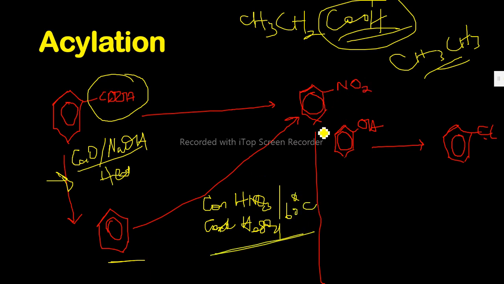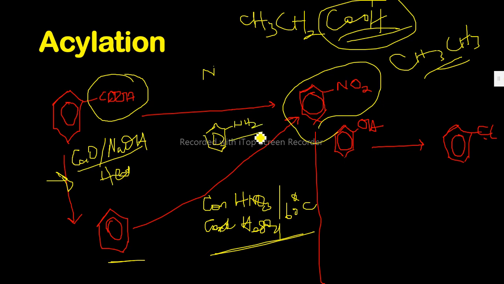We shall form our nitrobenzene. I wanted to give you this, but we hadn't studied it; we shall study it. From this you form aniline or aminobenzene, and we shall see.